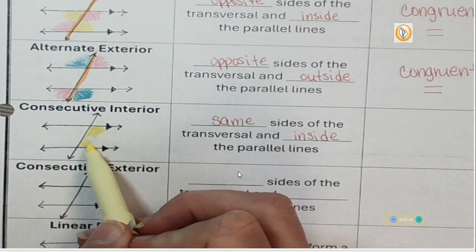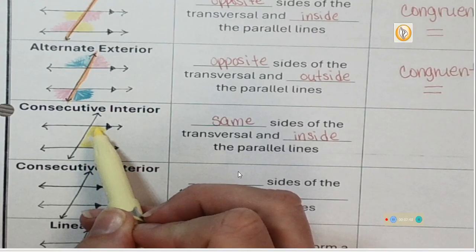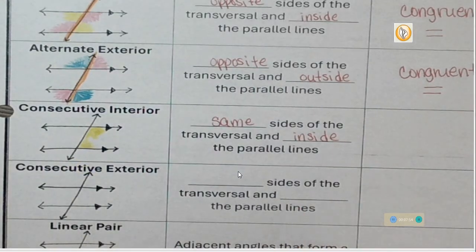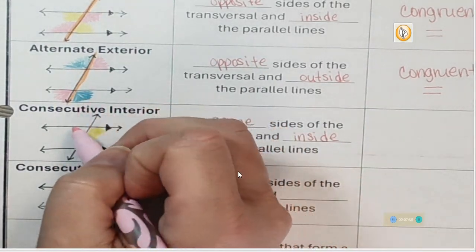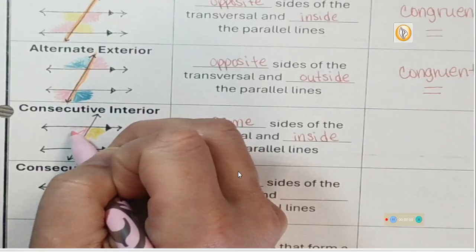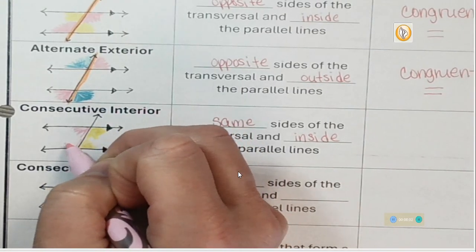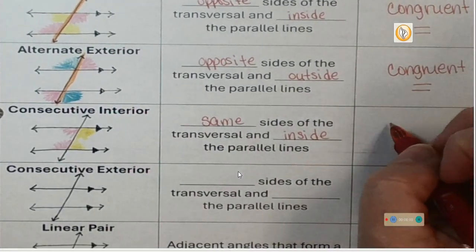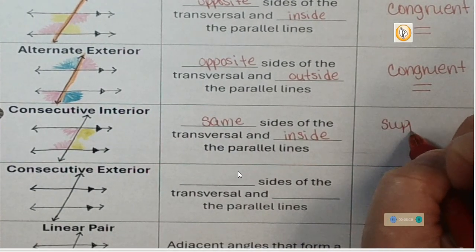My two angles, what do they make when I put them together? Even though I put them together kind of weird, they make a straight line. My other consecutive interior would be this angle and this angle. And together they make 180 degrees, which means they are supplementary.